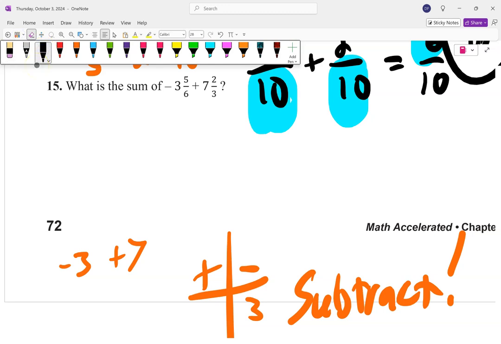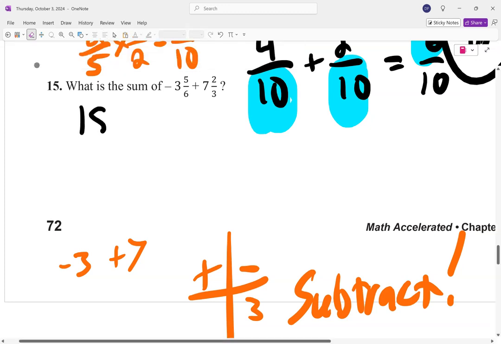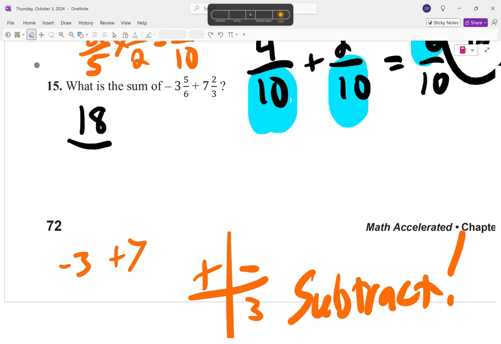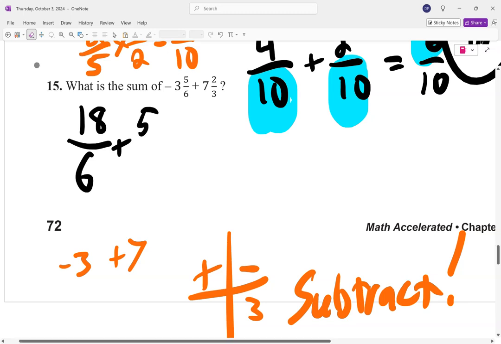So 3 times 6 is 18. So we've got 18/6, which is the same as 3, plus we also have 5/6 left over. So we got 23/6.